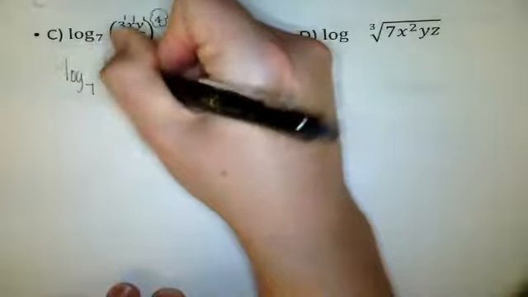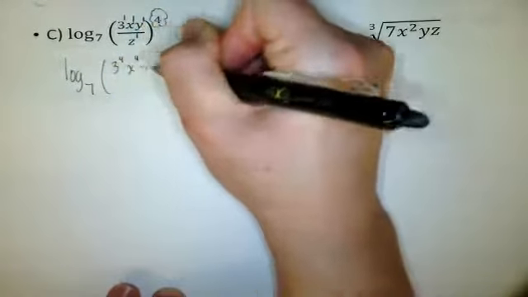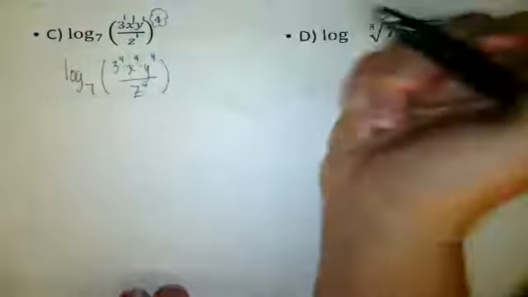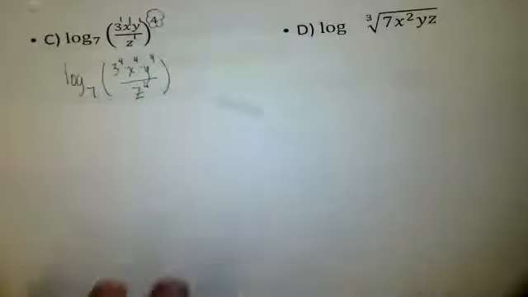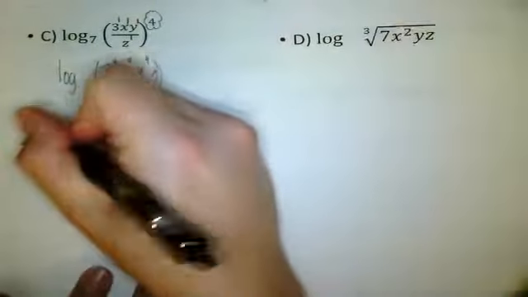So we have log base 7 of 3 to the 4th times x to the 4th times y to the 4th over z to the 4th. And just like before, I want to lift anything in the denominator up. I want to lift everything out of the basement.